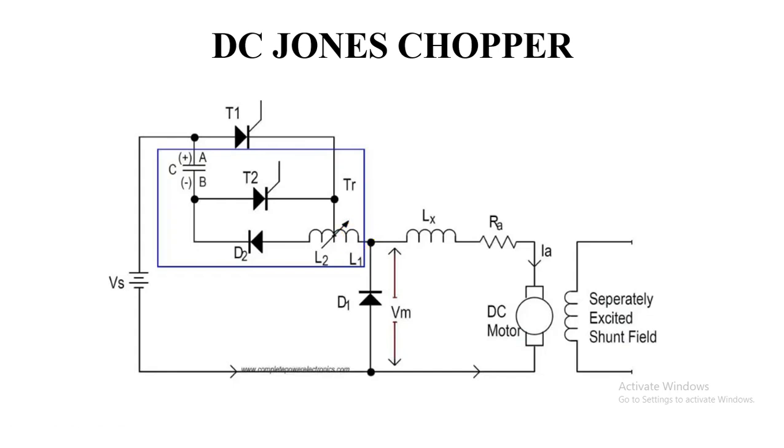L1 provides sufficient energy to the load, and L2 provides sufficient energy to the capacitor, which turns off the main SCR T1. Here we are going to use class D commutation to turn off the main SCR.